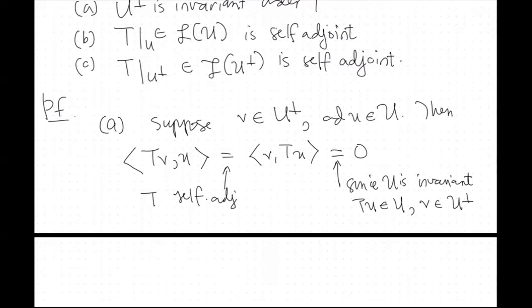If v is in the orthogonal complement of U and u is in U, then we have our equation holding, because that means that T of v is also in U perp. Thus, U perp is invariant under T, completing the proof of A.